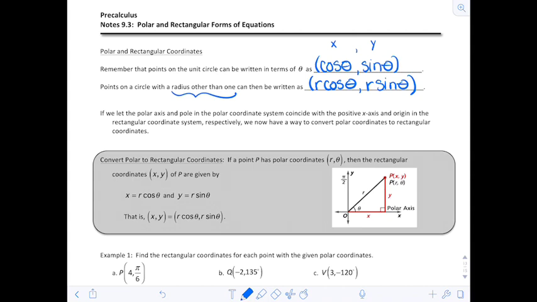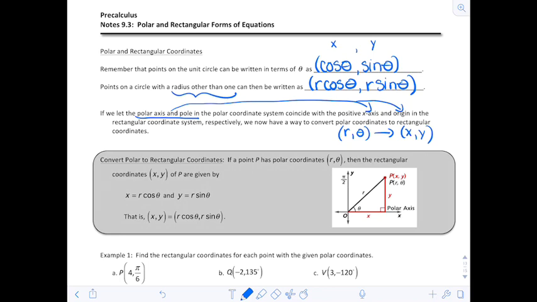If we let the polar axis and the pole in the polar coordinate system coincide with what we know as the positive x-axis and the origin, we now have a way to convert polar coordinates, r theta, to rectangular coordinates, x, y.